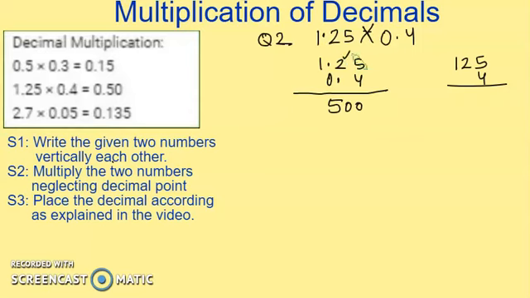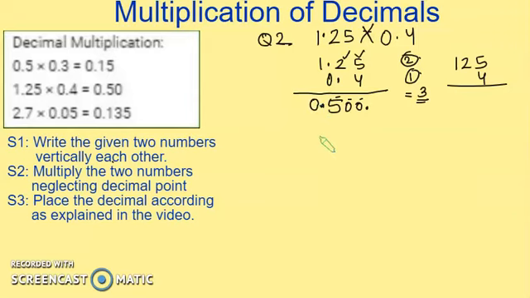In the first case there are 2 digits, in the second case there is only 1 digit. So the total will be 2 plus 1, that is equal to 3. So from the extreme right, count 3 digits, 1, 2, 3, and place the decimal after the third digit, and just place a 0 beside that.